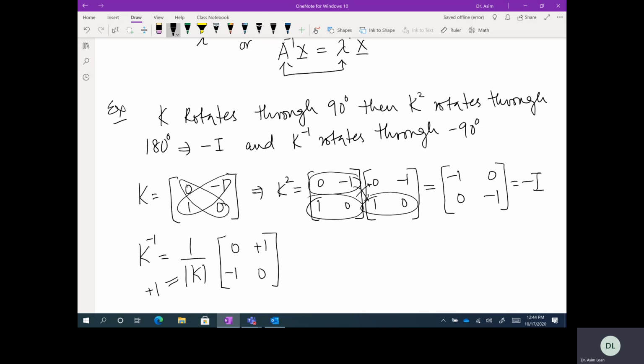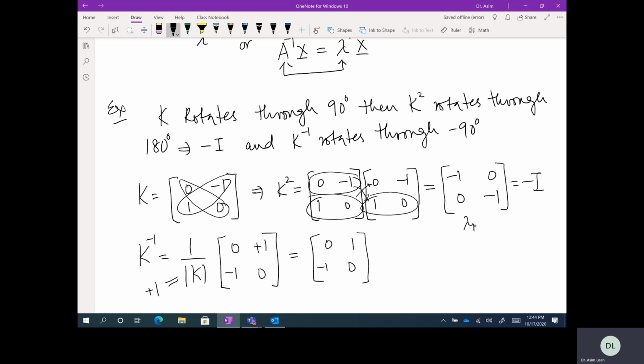So this is 0, 1, minus 1 and 0. And this is simply rotation by minus 90 degrees, because this is cosine of minus 90, this is minus sine of minus 90, which is plus sine of 90, this is plus sine of minus 90, which is minus 1, and this is cosine of minus 90, which is 0.